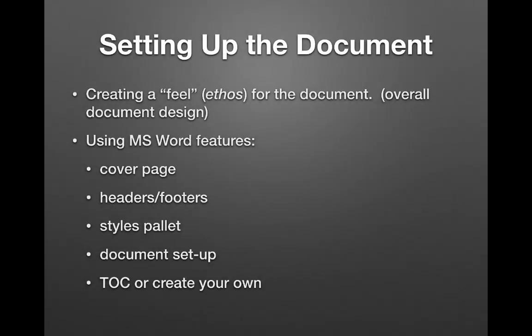So one of the first things that I wanted to talk about was setting up this document. It is what we call a formal document. It has pagination in it, a table of contents. It has multiple sections. It has parts at the beginning of the document, generally before the table of contents, that we call front matter.